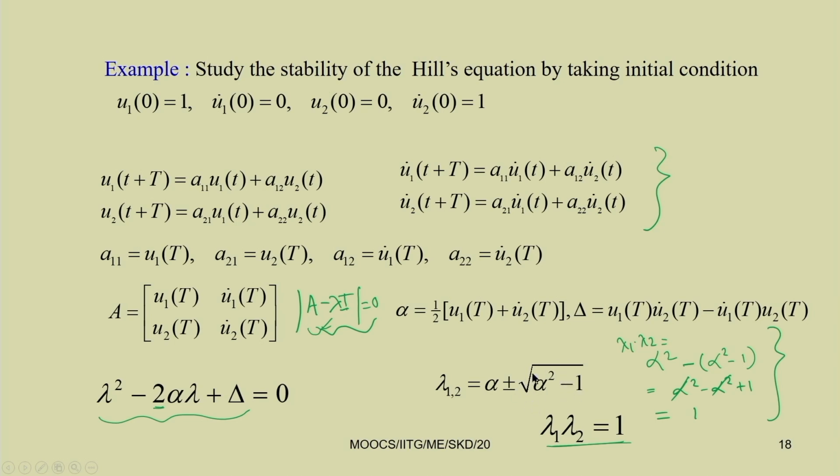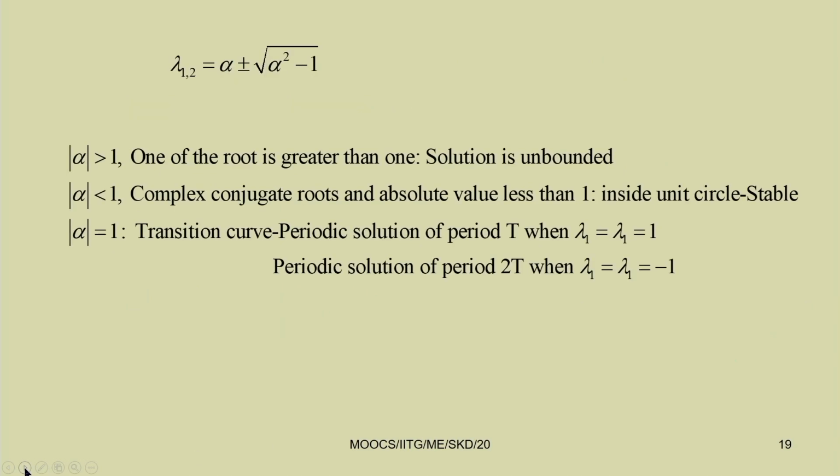So we have a positive root here, then alpha plus this positive part will be greater than 1, and the minus part will lead to less than 1. That means if alpha is greater than 1, we have an unstable solution. The solution will be unbounded as one of the lambdas is greater than 1.